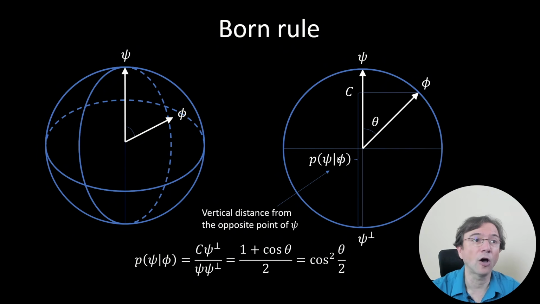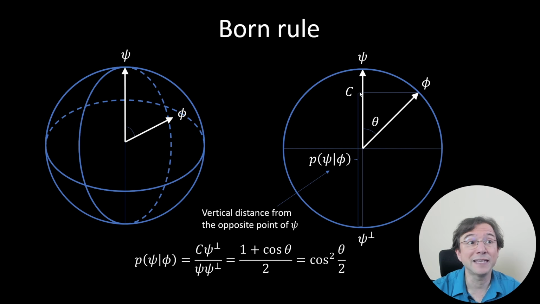The probability of measuring psi given phi is simply the vertical height, the vertical distance of phi, because if phi were here, it would have to be 0, and if phi were up, it would have to be 1, and the probability is going to be a linear function, so all the states at the same height will have the same probability. So we can just get phi projected on the vertical axis and look at this distance.